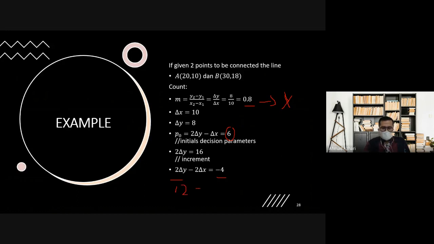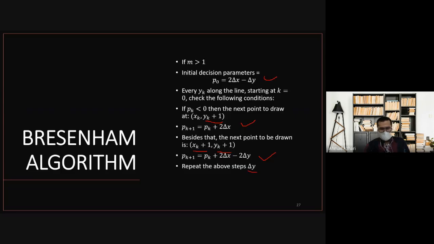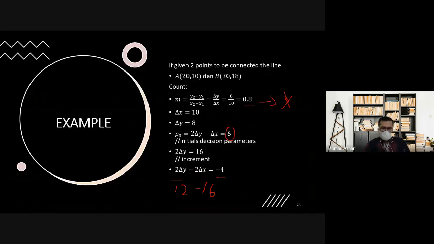And 2 times the difference in x: now x is 30 minus 22 is 8, multiplied by 2 is 16. So we will also get minus 4.